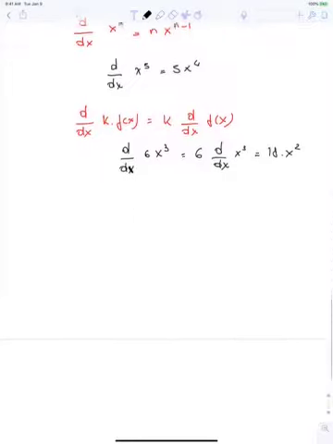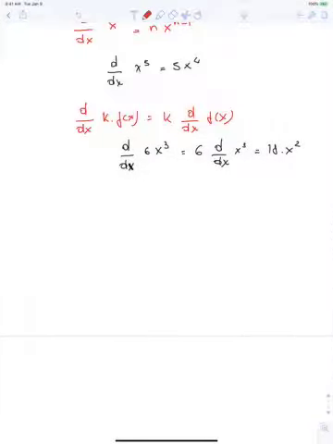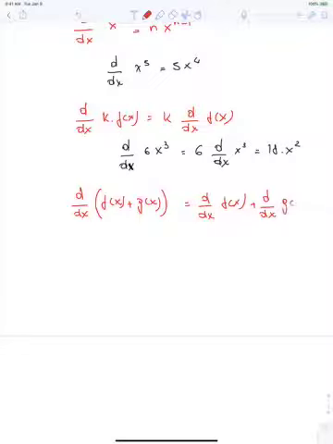Well, the derivative is also a linear operation, so the derivative of a sum of functions is equal to the derivative of a function plus the derivative of the other function. So the derivative d/dx of f of x plus g of x is equal to the derivative of f of x plus the derivative of g of x.